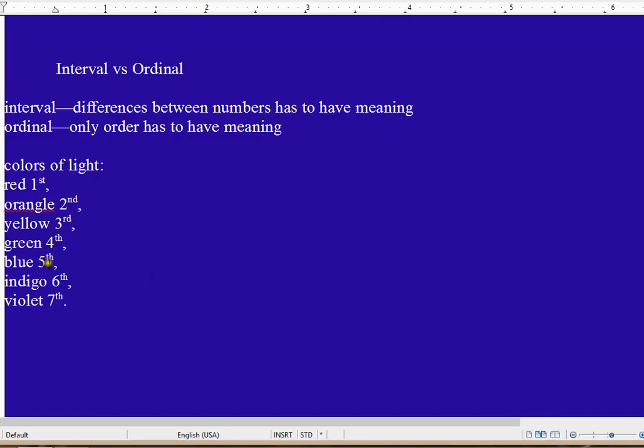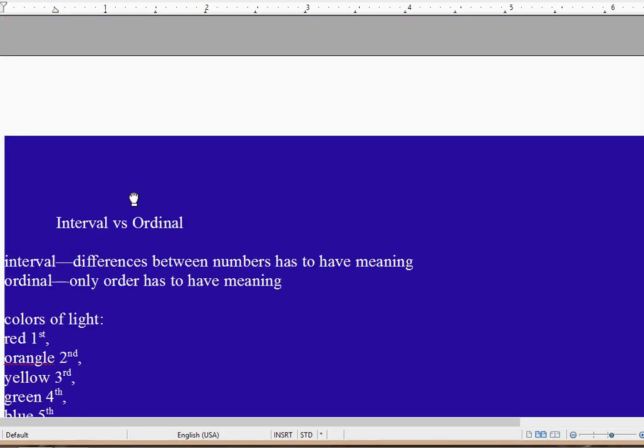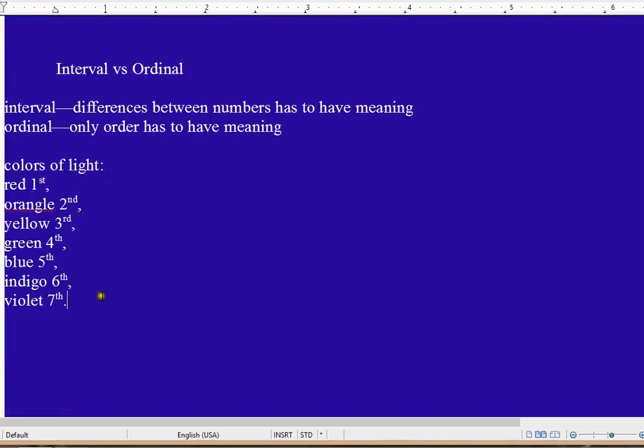I mean, knowing that blue is fifth and yellow is third doesn't tell you anything about just how much higher in hertz blue light is than yellow light. So this is only an ordered list. The differences don't actually have any meaning.